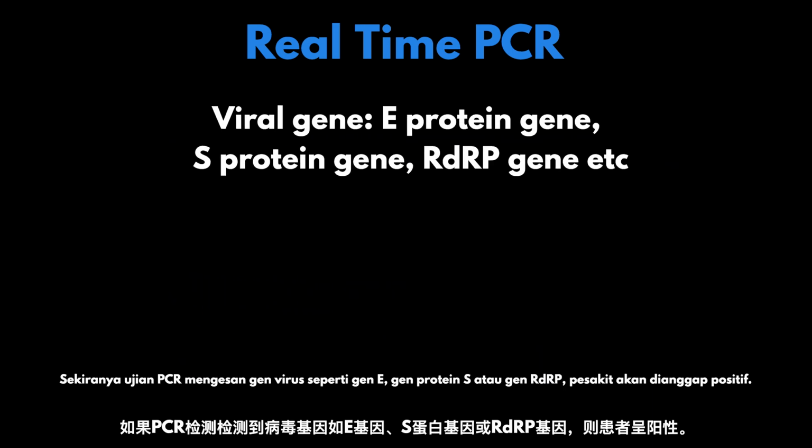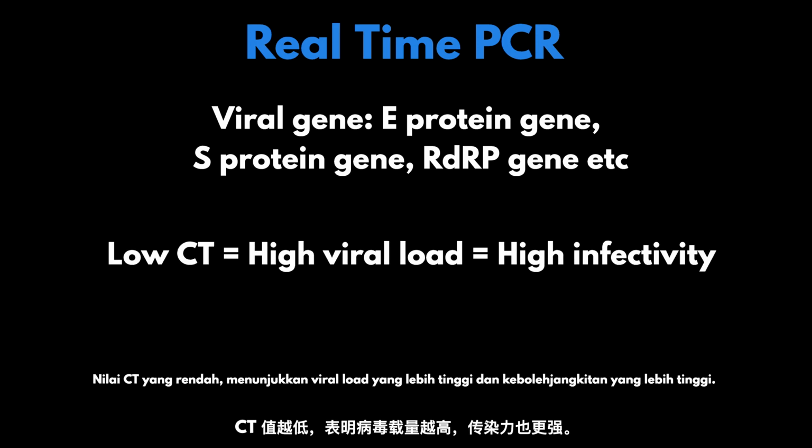If the PCR test detected viral genes such as E gene, S protein gene or RDRP gene, the patients will be considered positive. Lower CT value indicates higher viral load and thus higher infectivity.